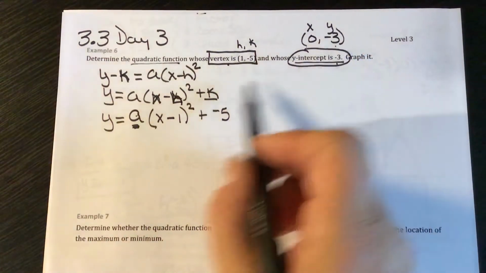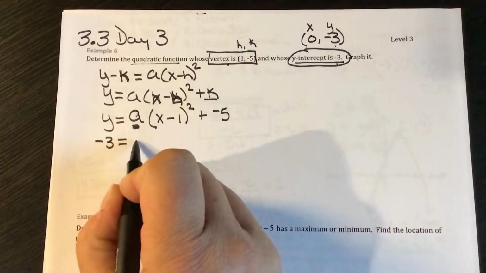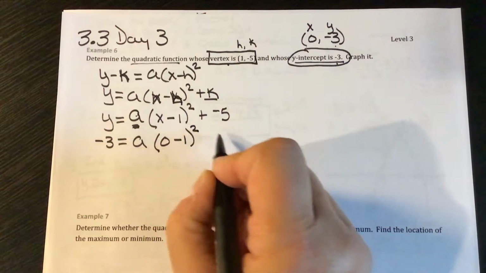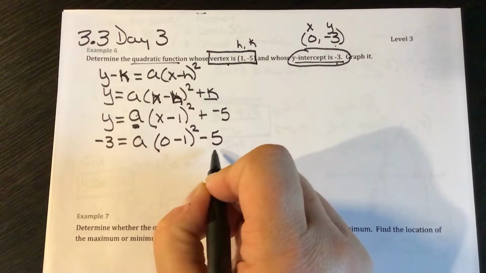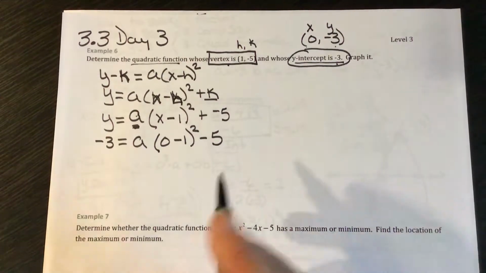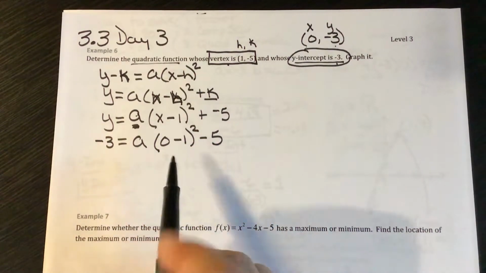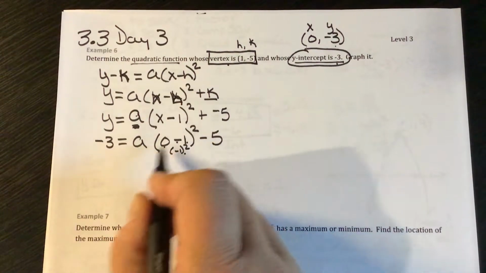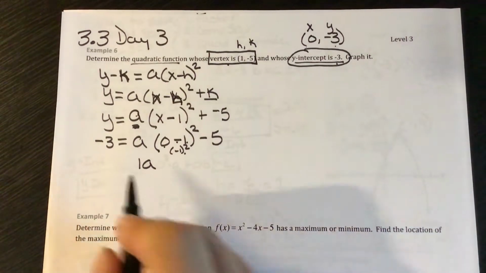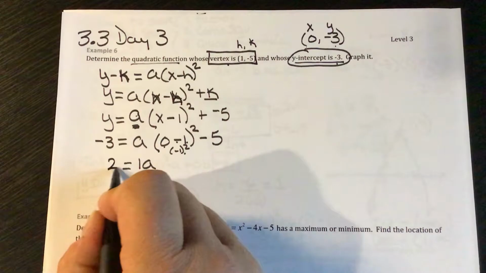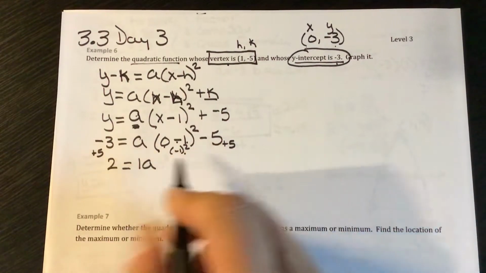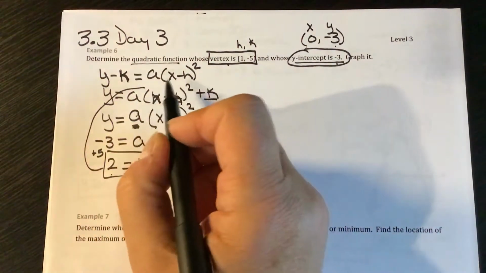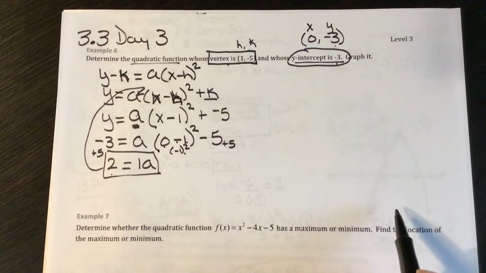So y is -3, that equals a times (0 minus 1) squared minus 5 for k. So 0 minus 1 is -1, squared that would be 1. So 1a equals, if I add 5 to both sides, a is going to equal 2. Okay, so that's the number I'm going to put into my equation for a.